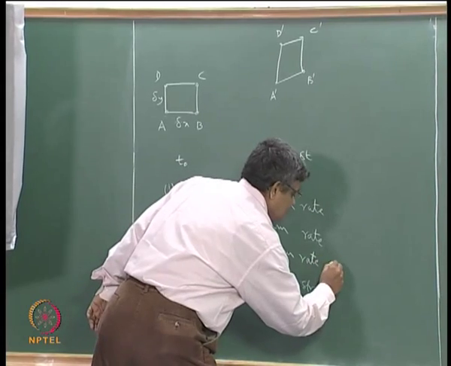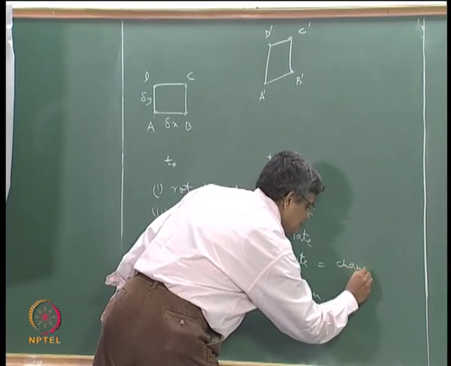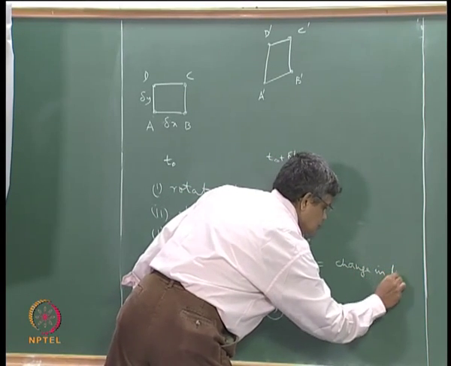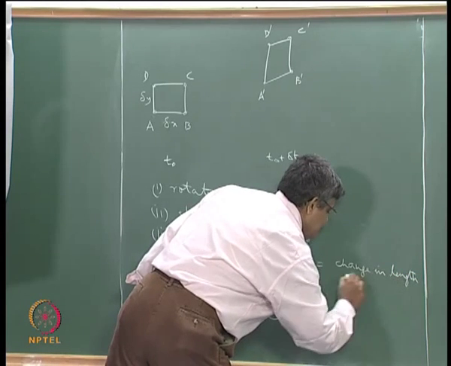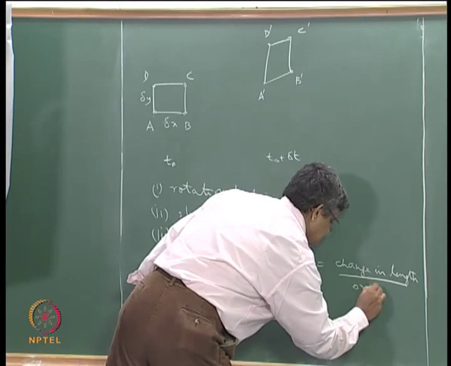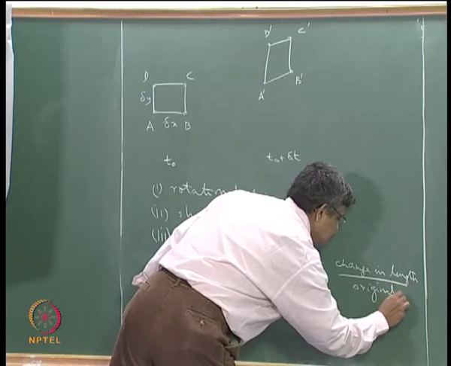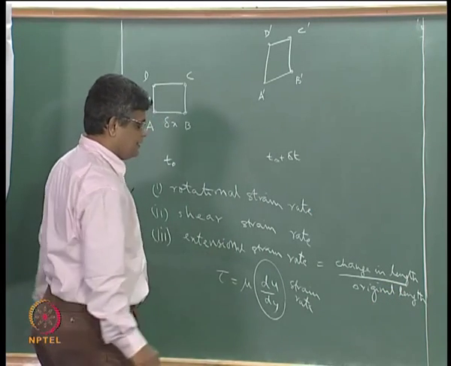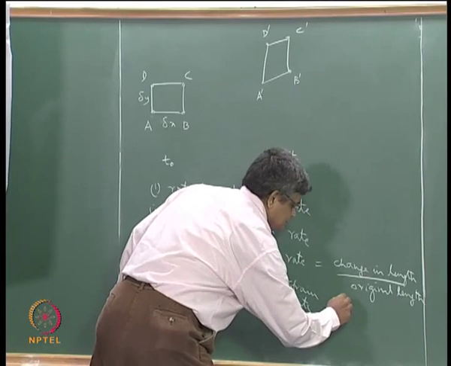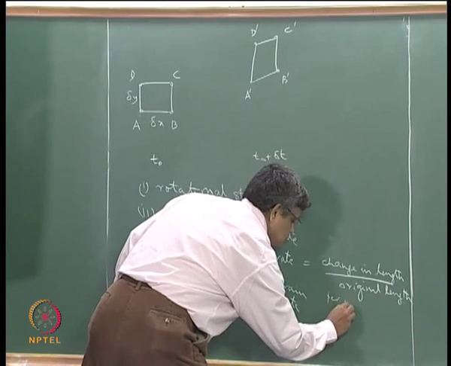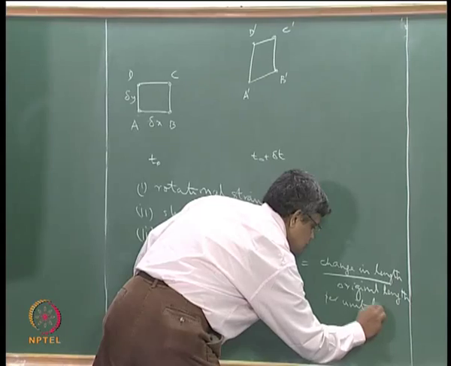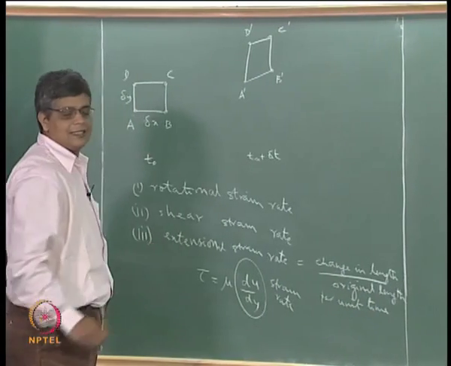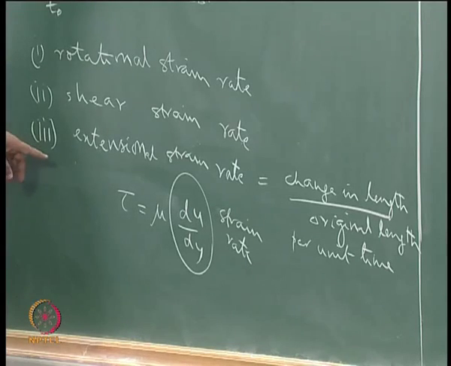This is the change in length divided by original length. Okay, so that is the strain per unit time. It is the extension strain rate, and we can see extension in the x direction only, or extension in the y direction only, or extension in both.